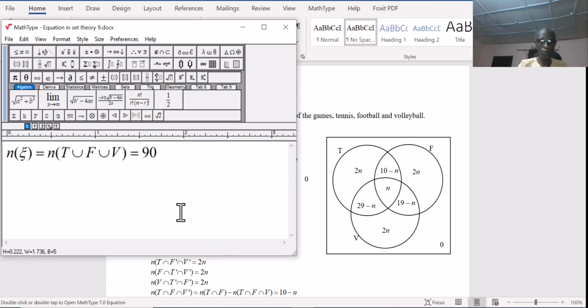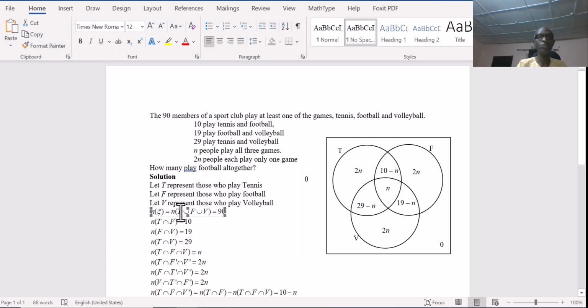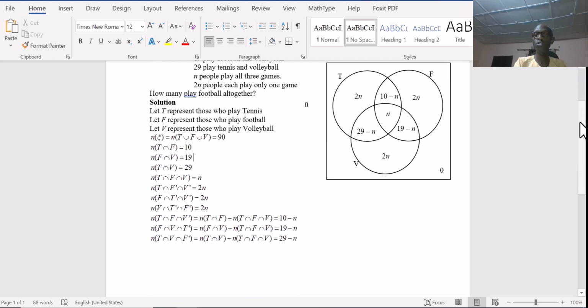So these are all the people that were interviewed. So you need to have that at the back of your mind also. So all of them play at least one of the games. So now we can start solving this problem.